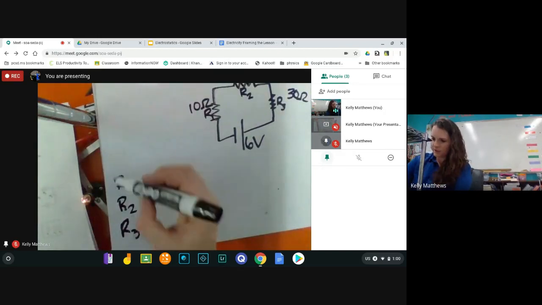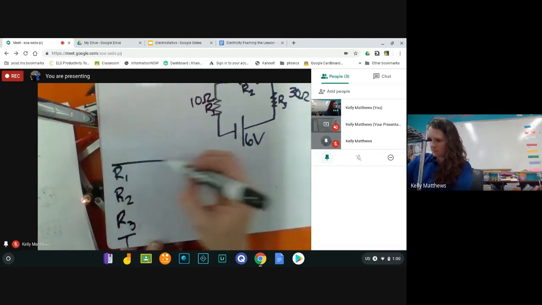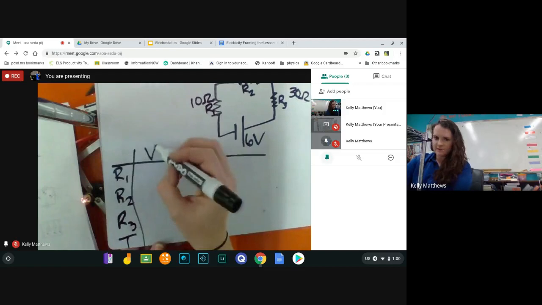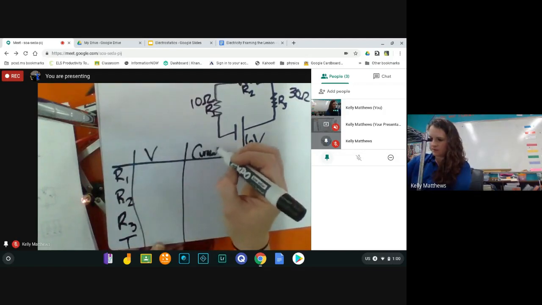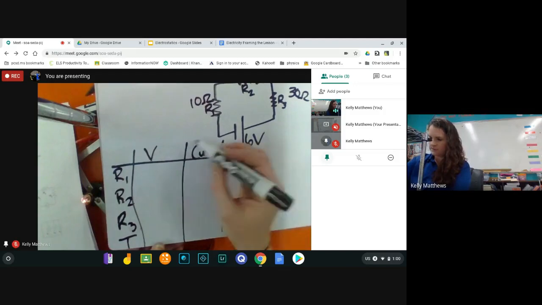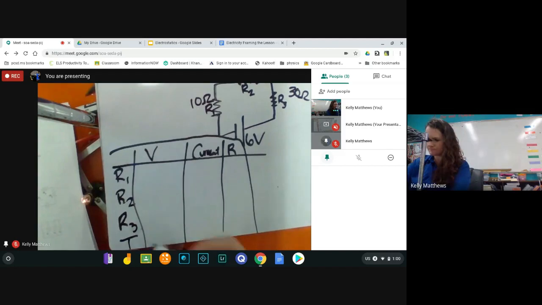It's asking us what we know for each of them, and then for the total. And so for voltage and for current and for resistance. All right, that's on your sheet. It's just real hard to see here.